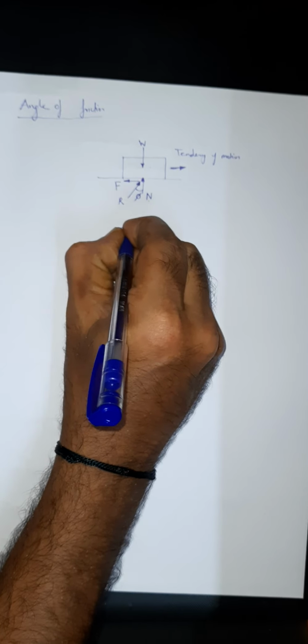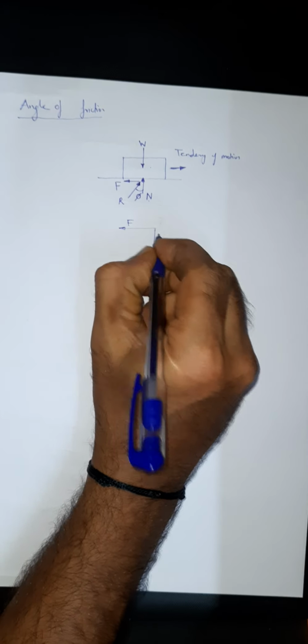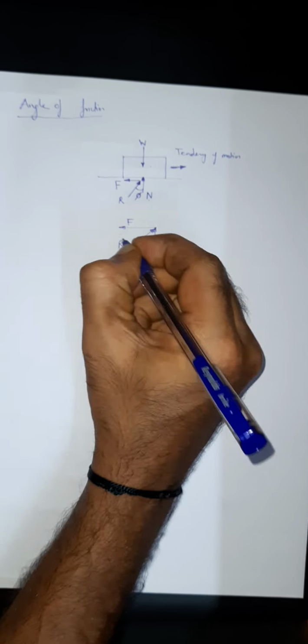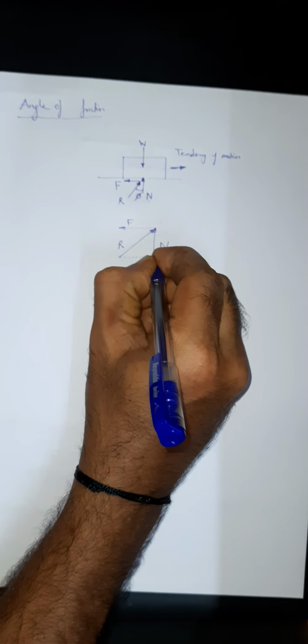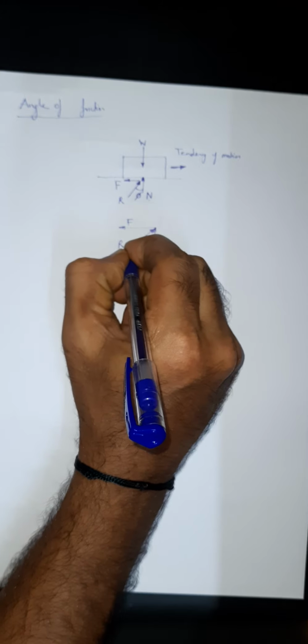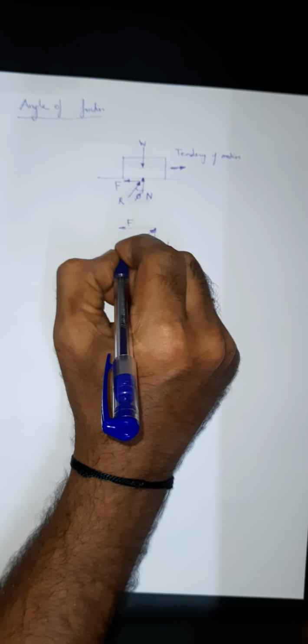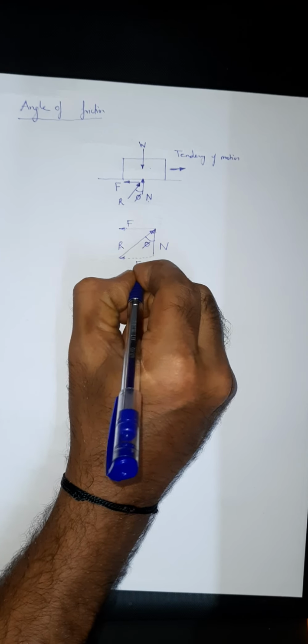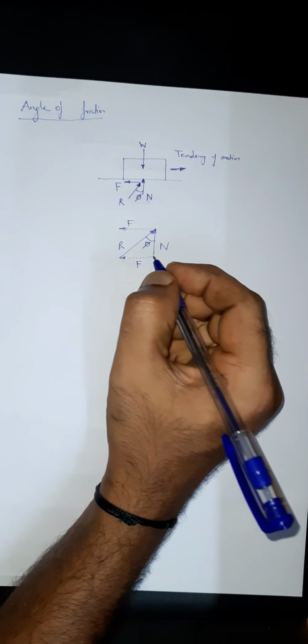This is frictional force and this is normal reaction and this is resultant. If I draw a triangle, the angle between the resultant and normal reaction is phi. So if this is F, of course this is also F, right? So this can be represented as tan phi.